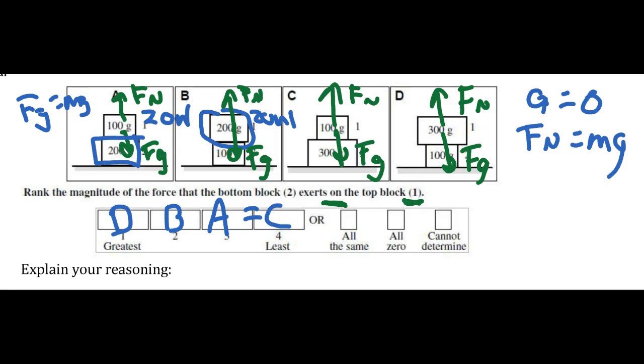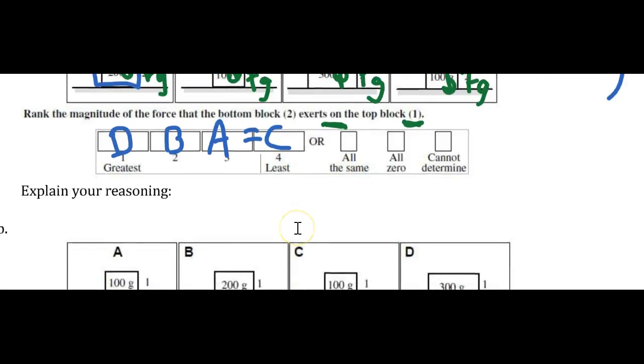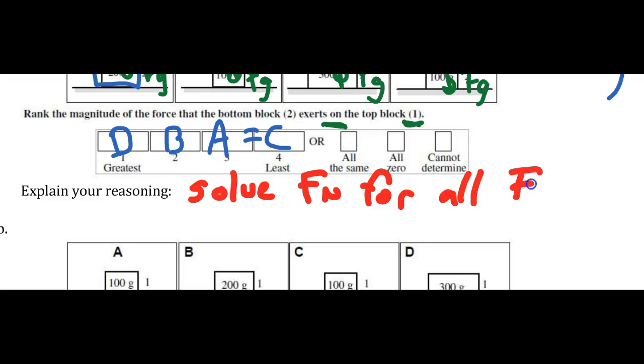If I had to explain this one, how I would explain it is: solve Fn for all, and Fn equals mg.